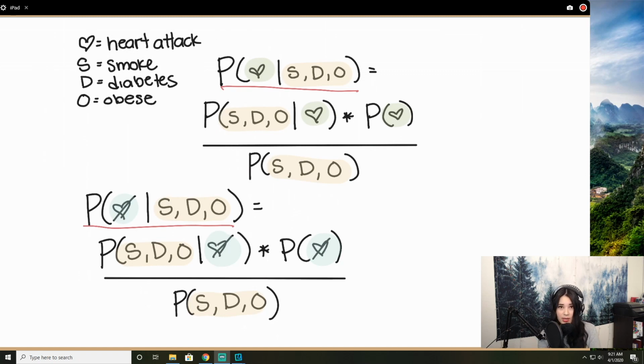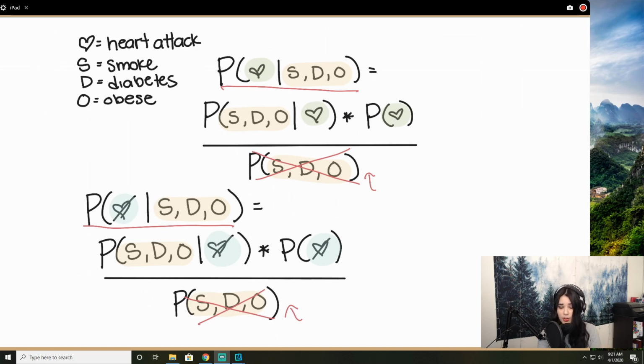Now notice that in these two formulas, the denominator is exactly the same. That means that we can ignore this part of the formula, because in essence, if you're just comparing two things to see which one is bigger, if you multiply them or divide them by the same thing, the one that was bigger is always going to be bigger.